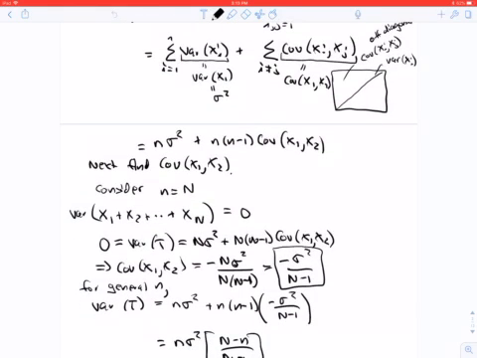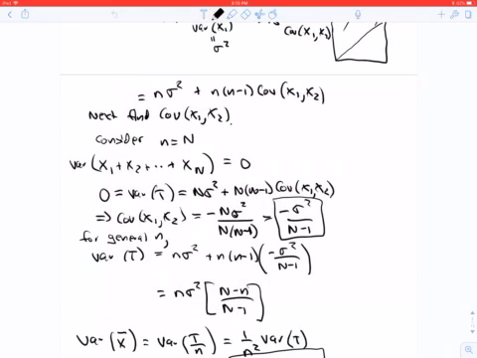And we need to find the covariance of X1, X2. So we do a trick. We say, okay, let's imagine that our sample is the entire population. Then we're drawing all the tickets in our box, and so the sum of all those tickets is going to be the same always, right? Even if we draw those tickets out in different orders, we're always going to get all the tickets. So the variance is going to be 0.